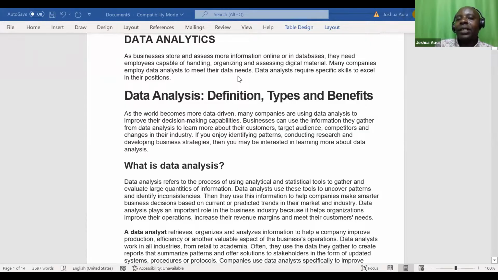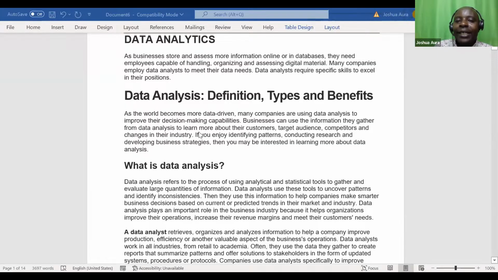Data analysts require specific skills to excel in their positions. As the world becomes more data-driven, many companies are using data analysis to improve their decision-making capabilities. Businesses can use the information they gather from data analysis to learn more about their customers, target audience, competitors, and the changes in their industry.